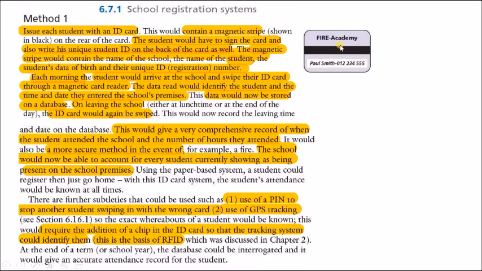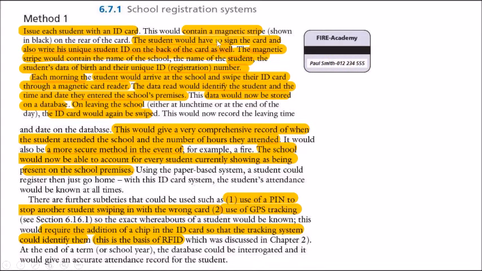Method 1, as you see, this is a magnetic card which could be with the student. So, each student is issued an ID card. It contains the magnetic stripe here, the black line here, and also contains the name of the student with the registration number.